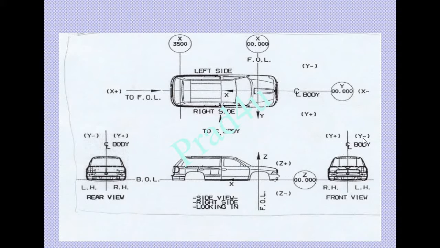This is y negative, y positive, RH LH front view. This is the rear view. This is the top view. These are all the views of a vehicle, representing the coordinates x, y, z in positive and negative directions.